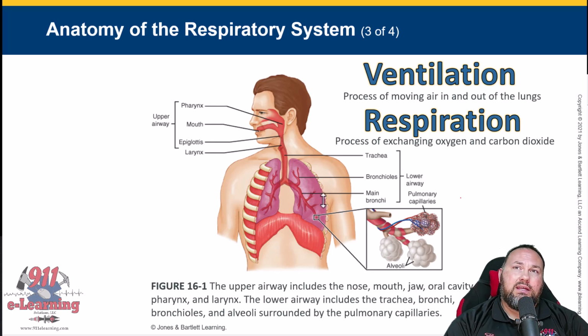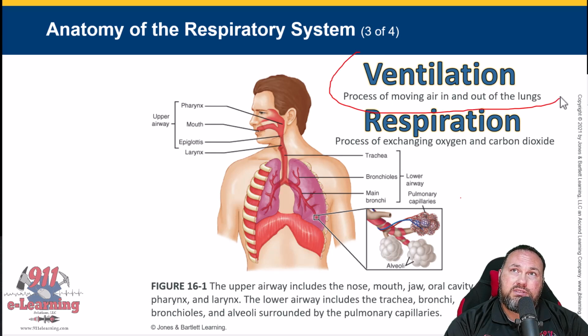Respiration is where the air gets into the lungs, down into the bronchioles, and into the alveoli, and then the oxygen is exchanged for carbon dioxide. You exhale the carbon dioxide. Under this process, ventilation is the primary thing we want to talk about right now.